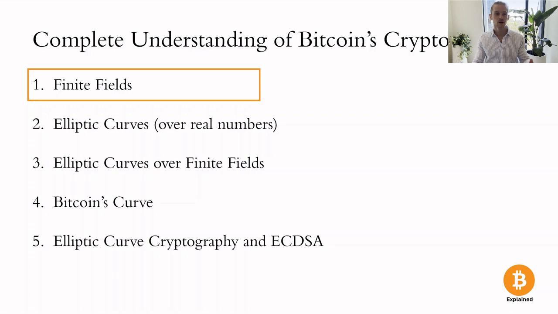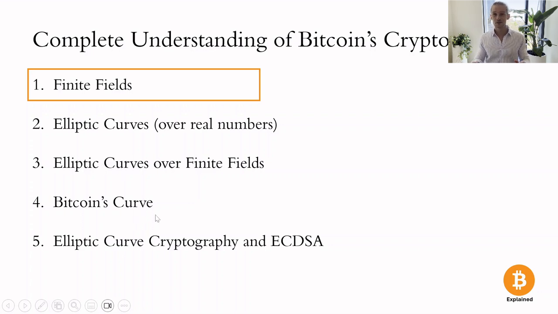In the next video, I'll be teaching you about elliptic curves over real numbers. In video number 3, I'll be teaching you about elliptic curves over finite fields, so combining the first two. And then we'll move on to Bitcoin's curve, so the elliptic curve that Bitcoin uses, which has specific parameters. This will be easy for you to understand once you understand the topic covered in video number 3.